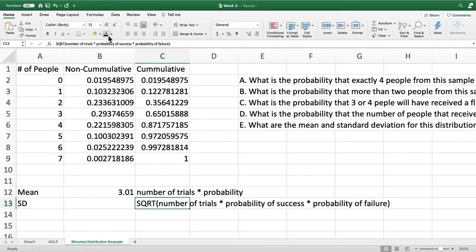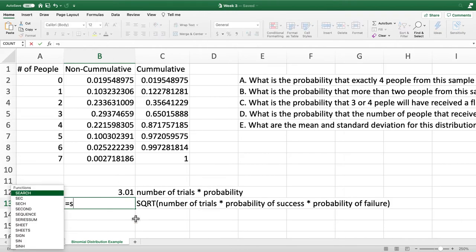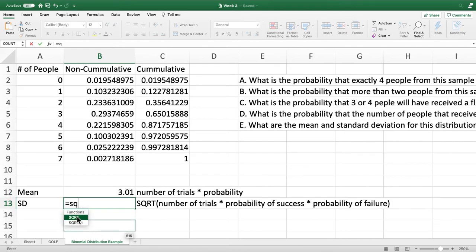So now our standard deviation is equal to the square root of the number of trials times the probability of success times the probability of failure. So we're going to take our equals and find that square root function, SQRT, and take the square root of the number of trials, so 7, times our probability of success, so the probability of someone having the flu shot was 43%, so 0.43, times the probability of failure, which would be the rest of that percentage.